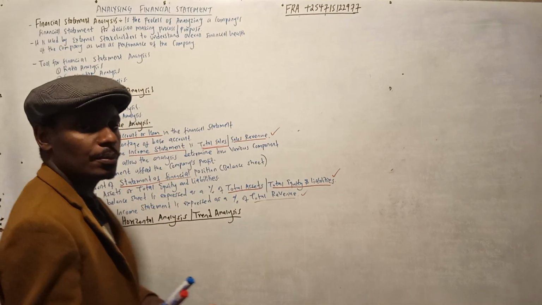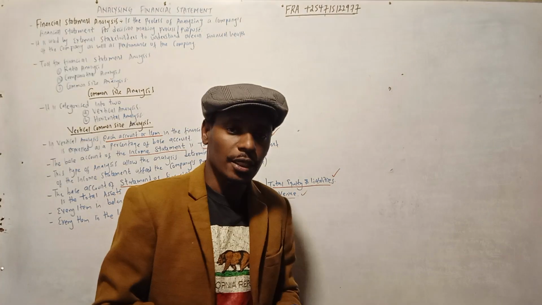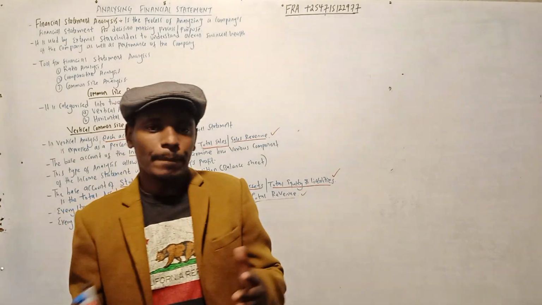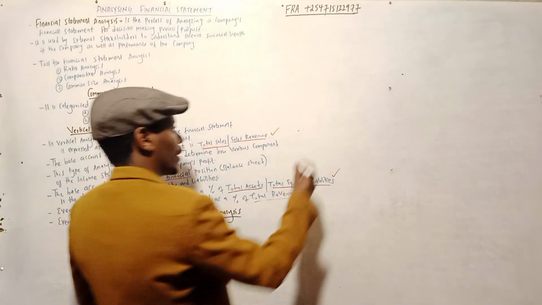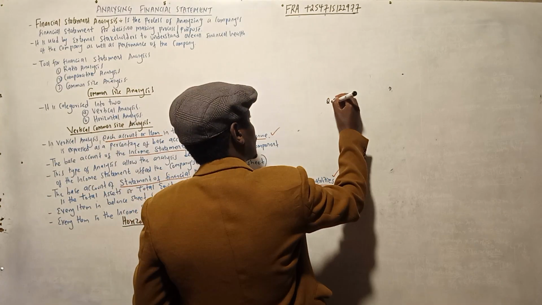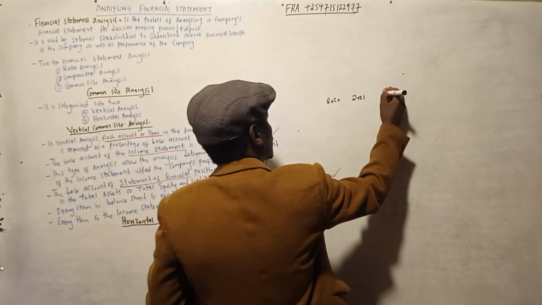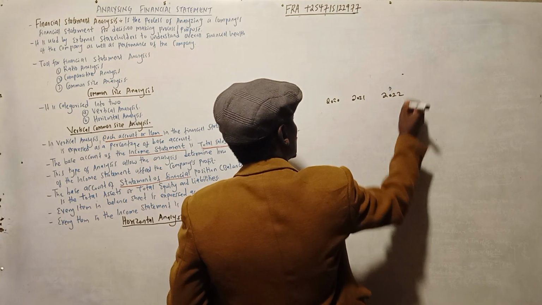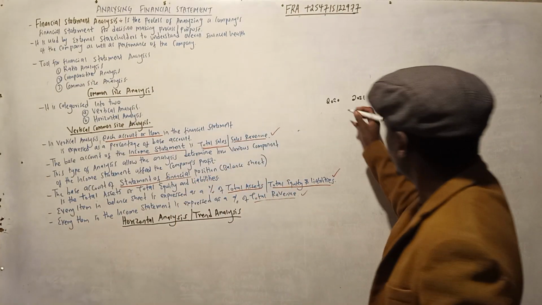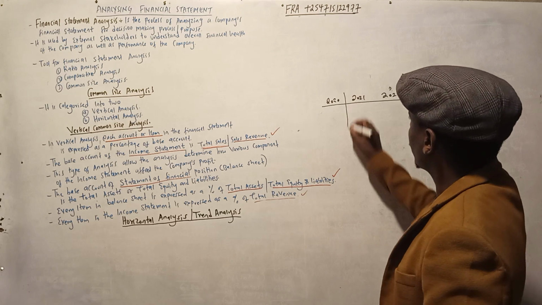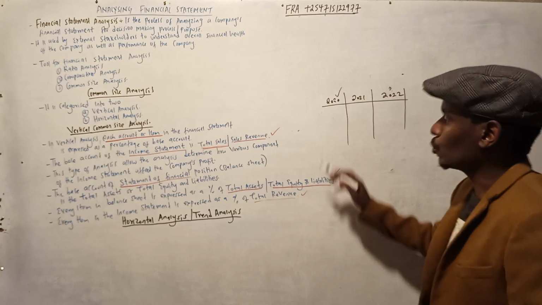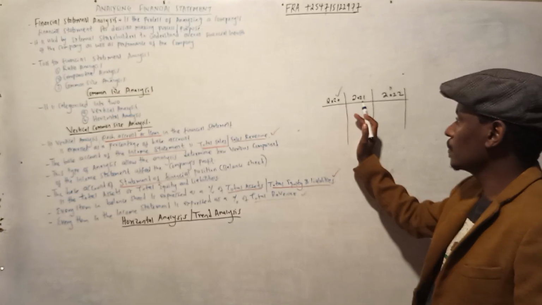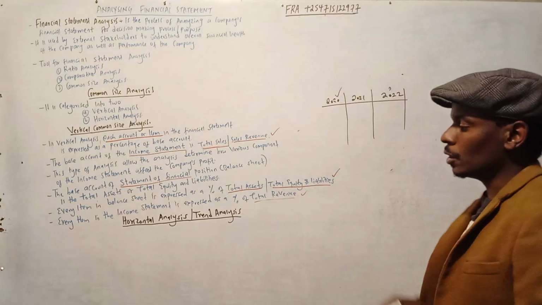So each item is expressed as a base of a particular year. For example, we can have 2020, 2021, 2022. Now, with this information, we can analyze financial statements using a base year of 2020. So 2020 will be our base year to analyze 2021, 2022, 2023, and so on.